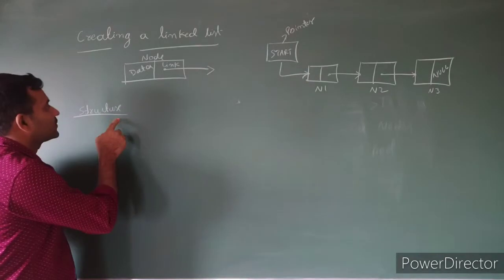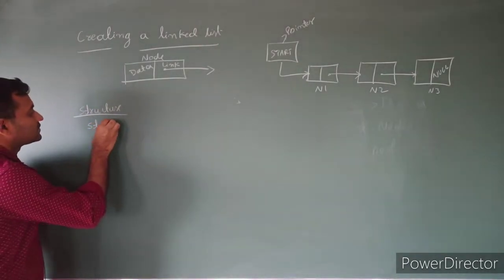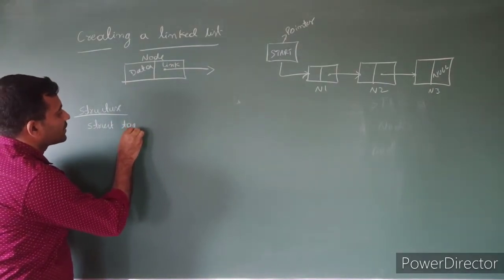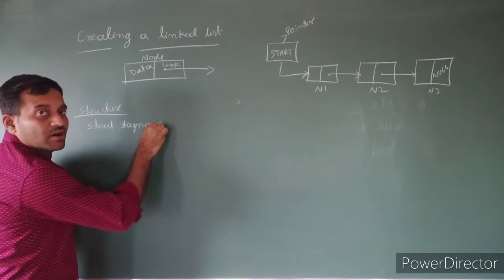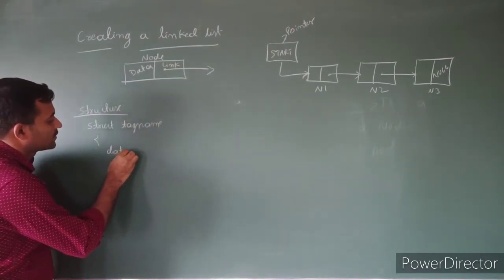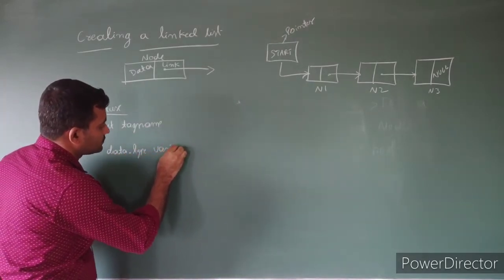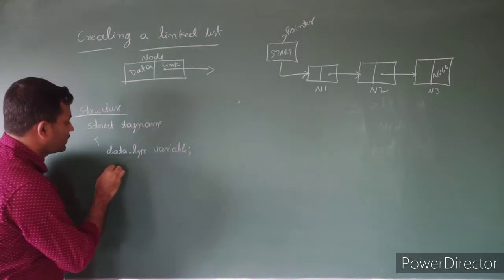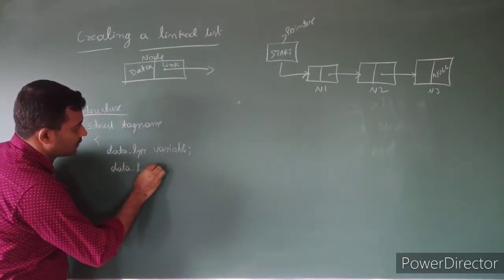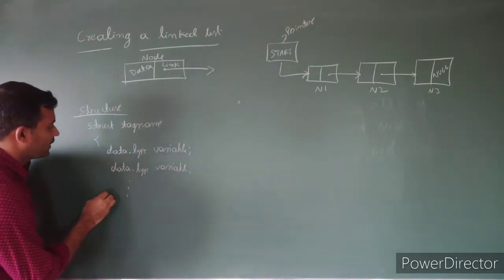See the structure of a structure: it begins with struct, then the structure name, that is called the tag name, then data type, variable name, again data type, variable, and so on.